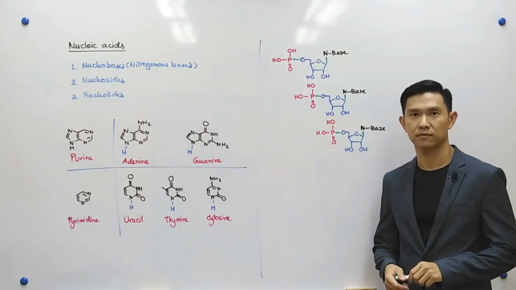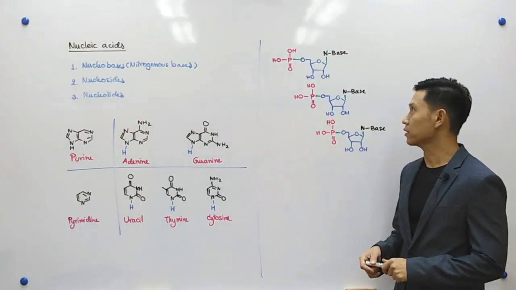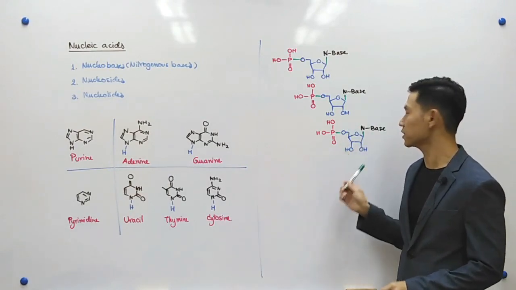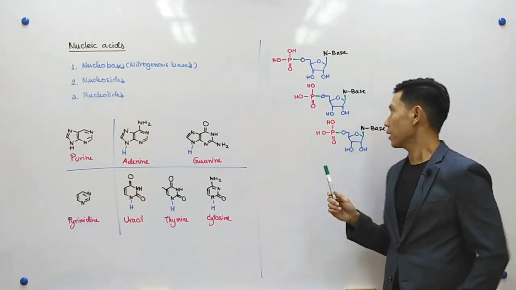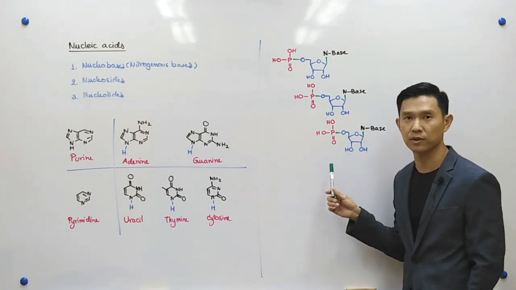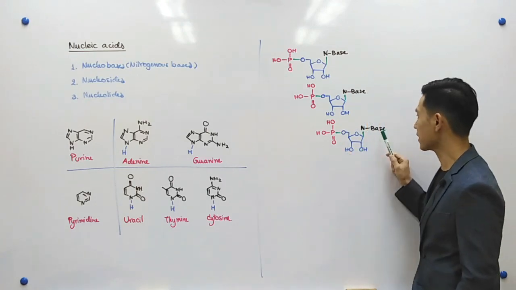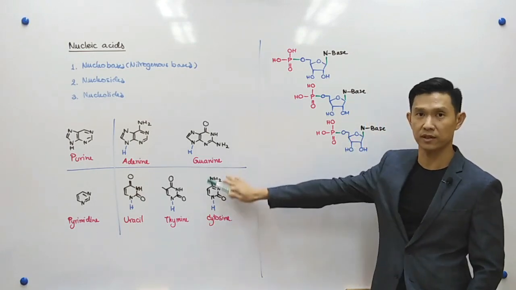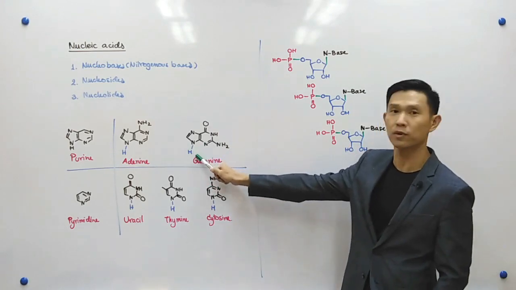Now after we have the nucleotide, as you can see from the structure here, the core structure in the middle is the ribose sugar, and on the right hand we condense it with the nucleobase, using the blue hydrogen.